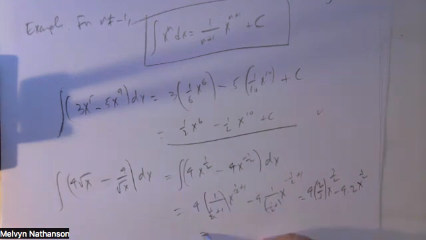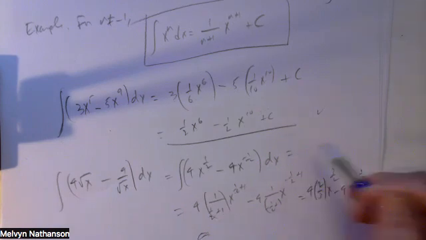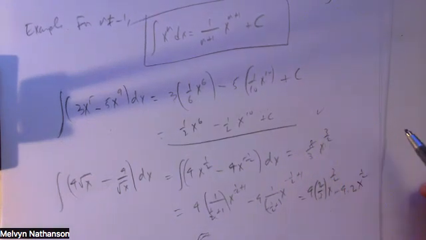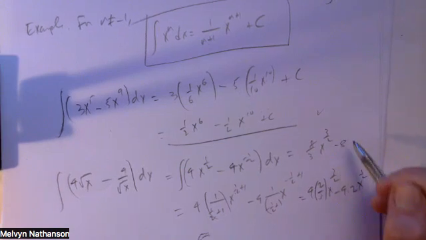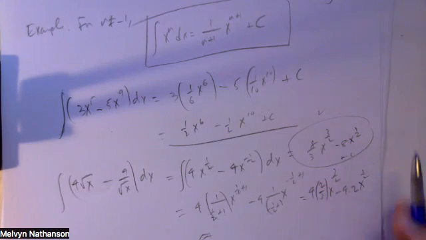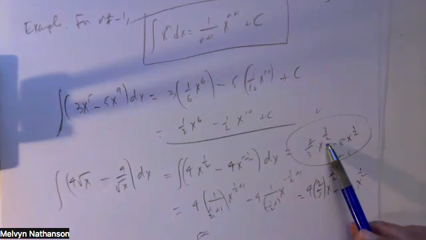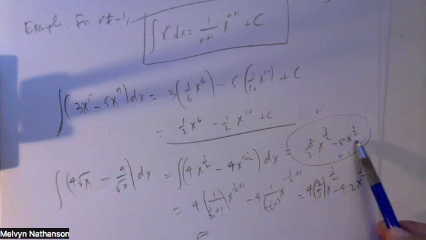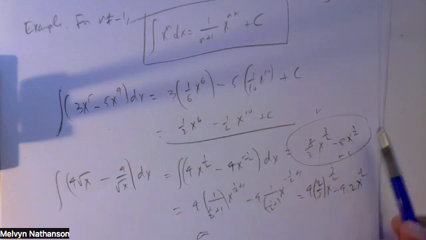So this is equal to, write it over here, 8/3 x to the 3/2 minus 8 x to the 1/2 plus a constant. And you can check, if you differentiate this, you get 4 times the square root of x minus 4 over the square root of x.